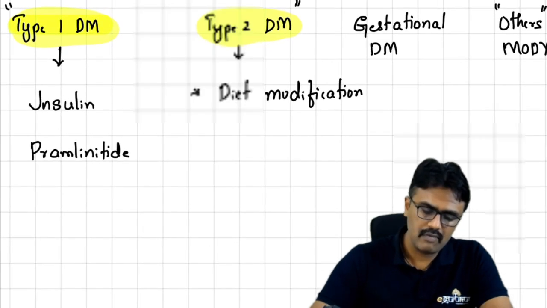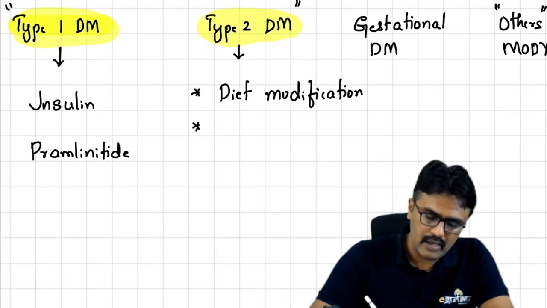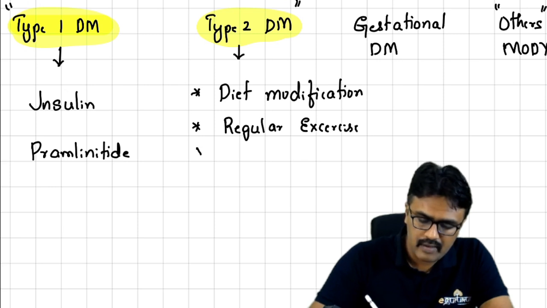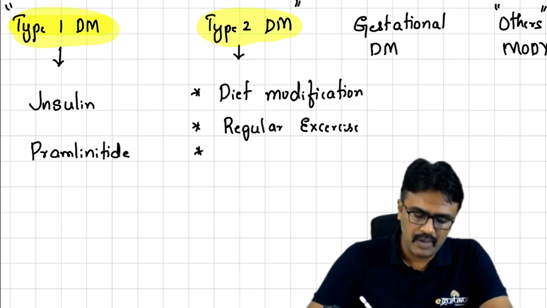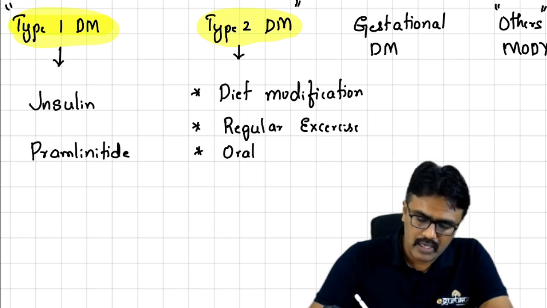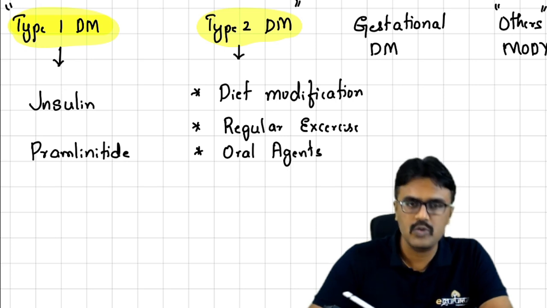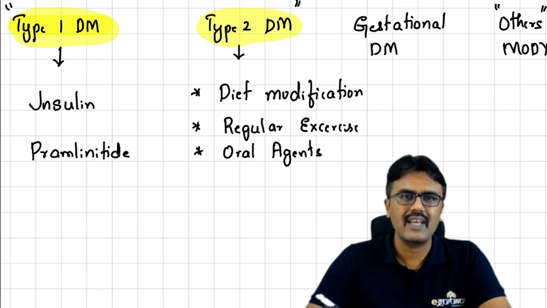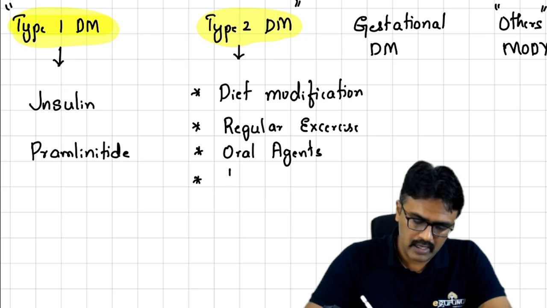Along with that, we tell them to do regular exercise, and then we prefer to give them oral agents. Now, why are injectables not preferred? Because the patient has to take them regularly, and injectables are not accepted very much by patients. So first we go with the oral agents, and then we go with the injectable ones.